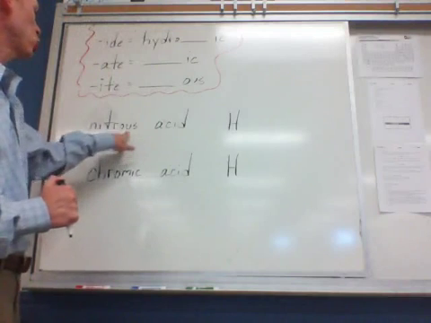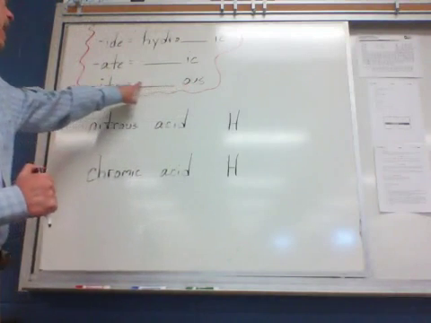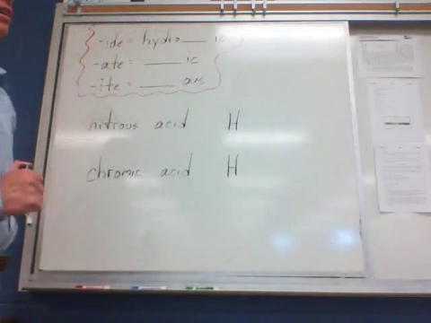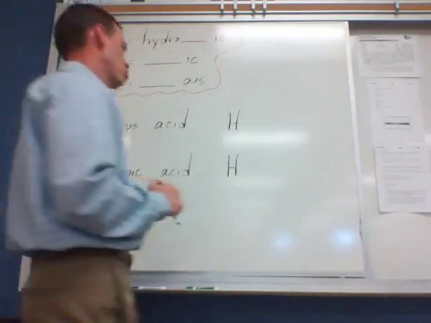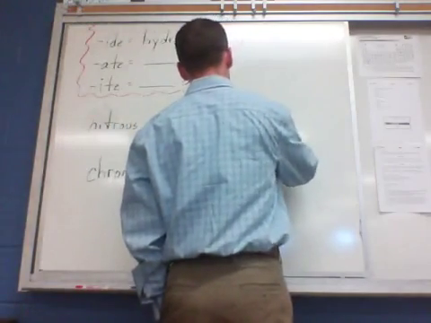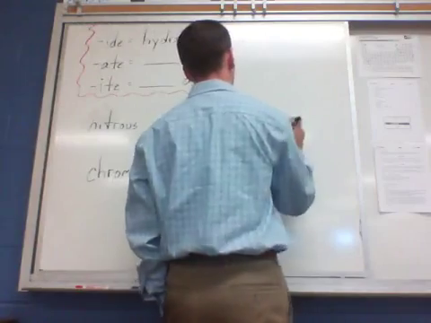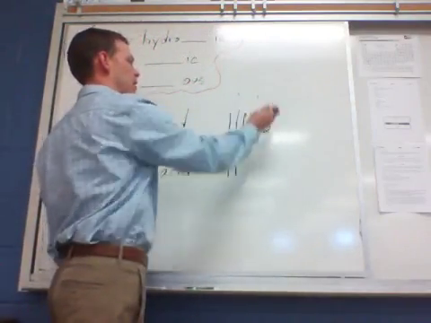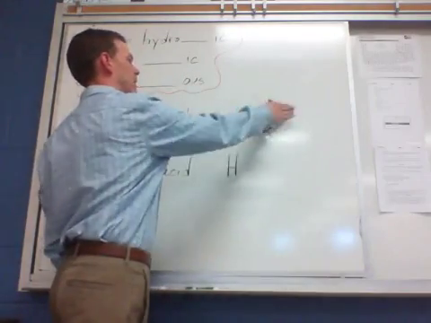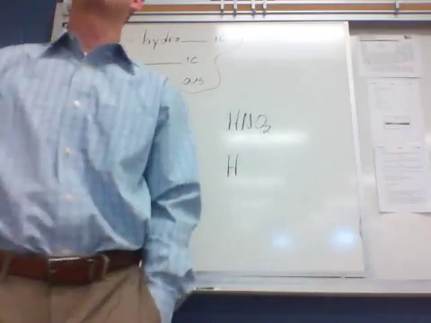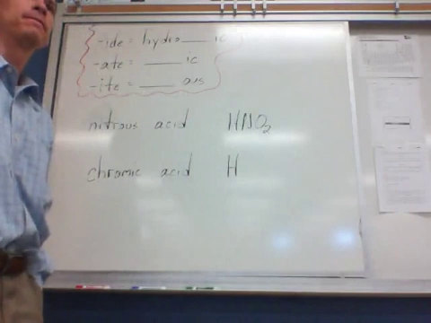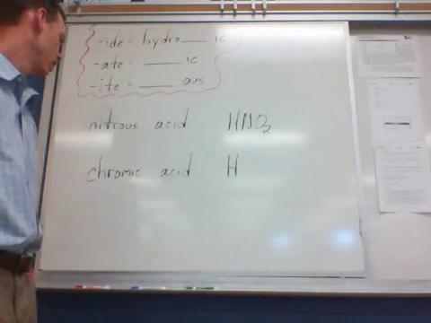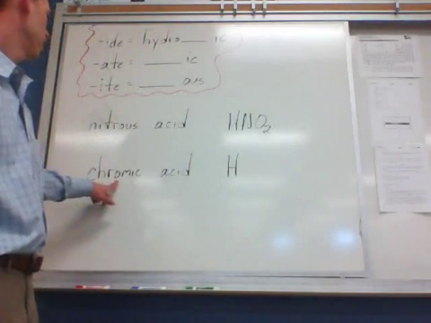Before it was nitrous, it was nitrite. The formula for nitrite on your polyatomic list is NO2. Hydrogen's a 1, nitrite's a 1, so same number, no crisscross. Chromic.